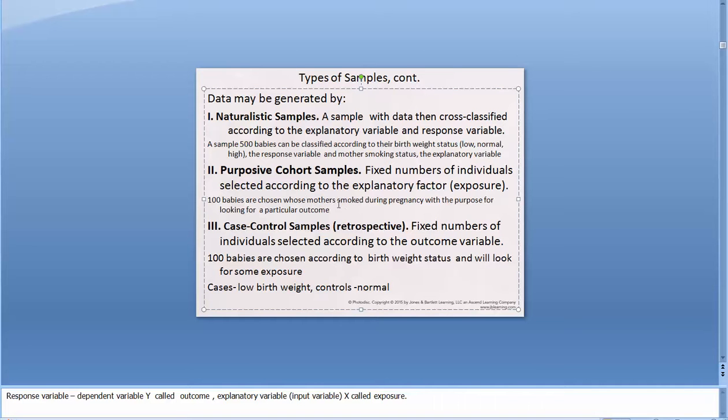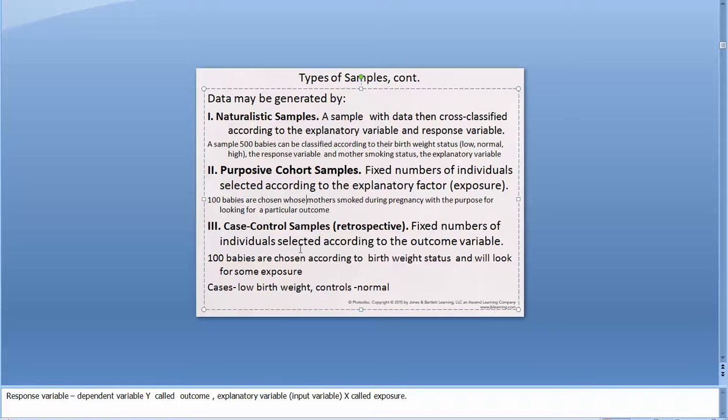So now you can study these babies and see what will happen to these babies later on. In addition to the low birth weight, would there be any other stuff that could be detrimental because the mothers have smoked during pregnancy? So it's a cohort of babies, and you will keep on watching their health status as they keep growing. Now that is the second type of sample.